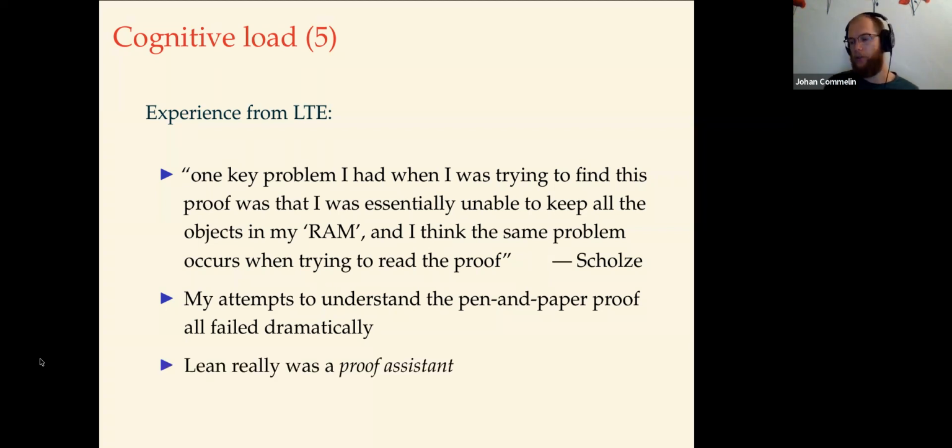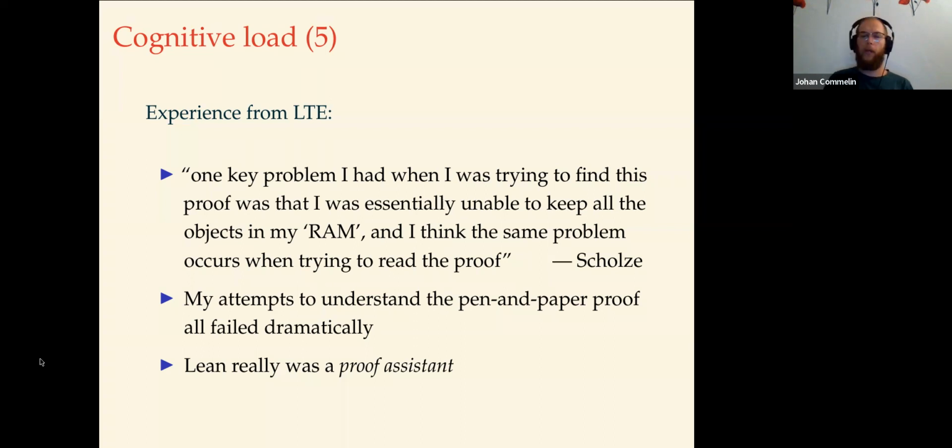Proof assistant is sometimes the terminology used for these kinds of software, and most of the time it sounds really preposterous to me, given the current state of the art in formal verification software. But in this case, it definitely applied, because it was very often the case that I could only see 2 or 3 lines ahead on paper, and then I would basically get lost in how the structure of the argument worked.